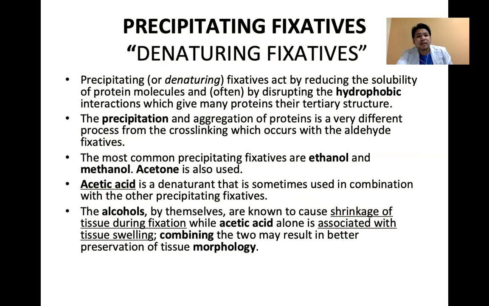This class of fixatives is used in our cytological methods, because our specimens are usually body fluids. The most common precipitating fixatives are ethanol and methanol. Acetones are also used. Body fluids precipitate because of the presence of soluble proteins.